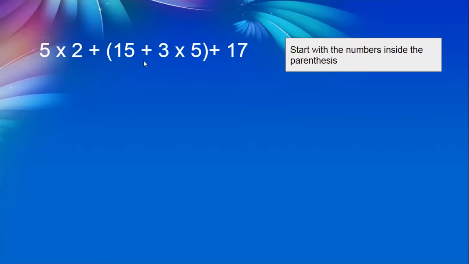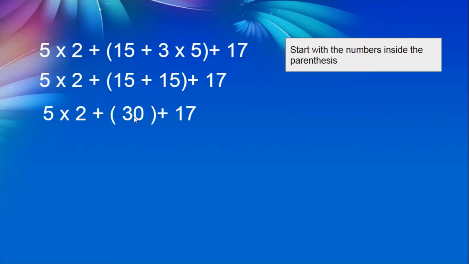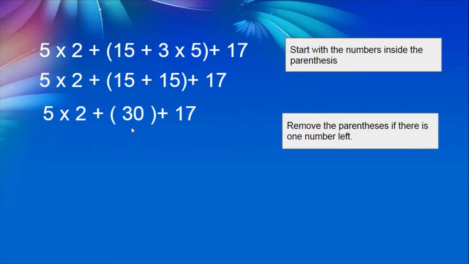Now, as we can see, we have 2 operations, but we need to do the multiplication first before we add. So 3 times 5, that is 15, and 15 plus 15, that is 30. So I just copy the 5, the 2, and the 17. Now, since we have already arrived with one answer, and that is 30, let us remove our parentheses.